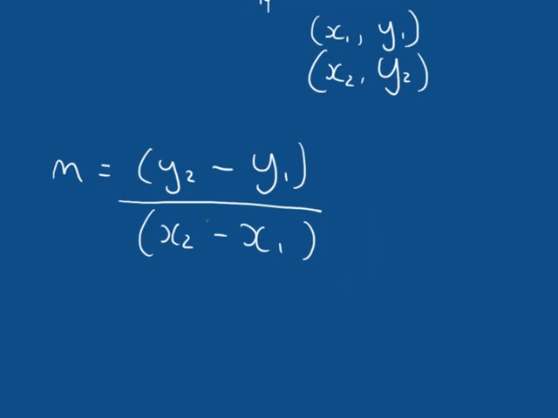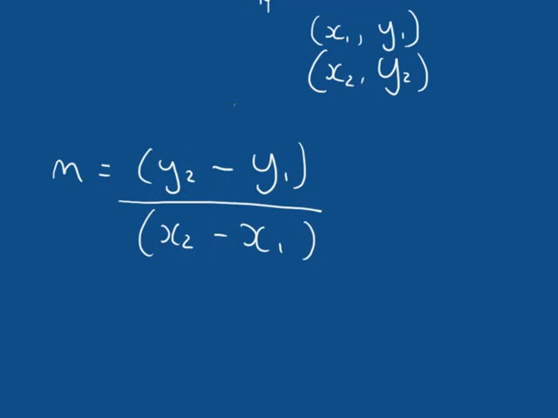The only important thing to note here is that we must make sure we take one of our points and subtract the other point from it. Therefore, it's either y2 minus y1 over x2 minus x1, or y1 minus y2 over x1 minus x2. We must have both either y2 and x2 on the left, or y1 and x1, and then y1 and x1 over here on the right, or y2 and x2.